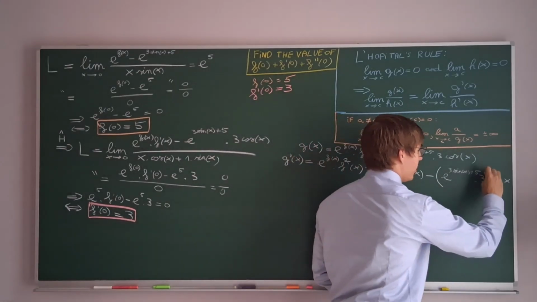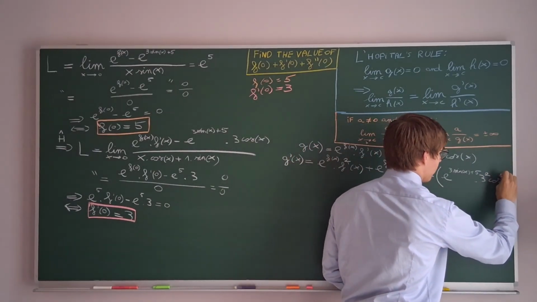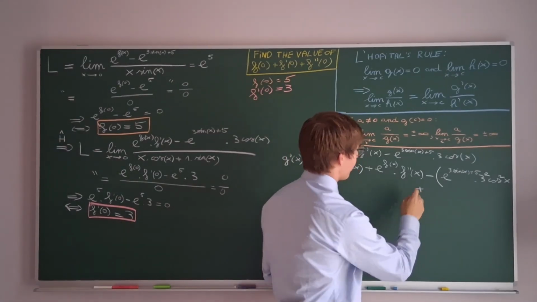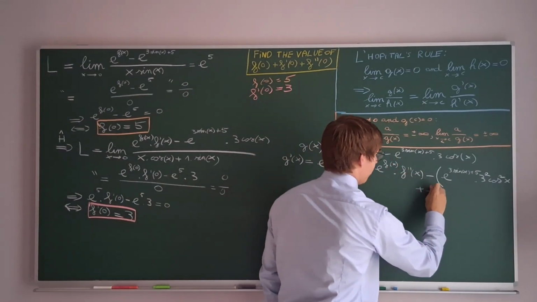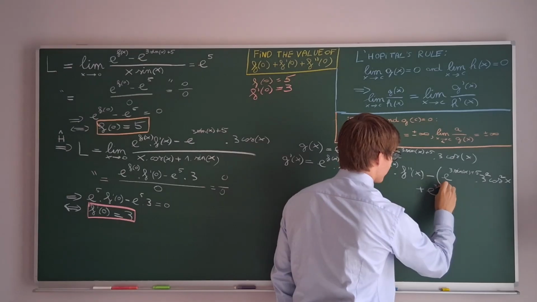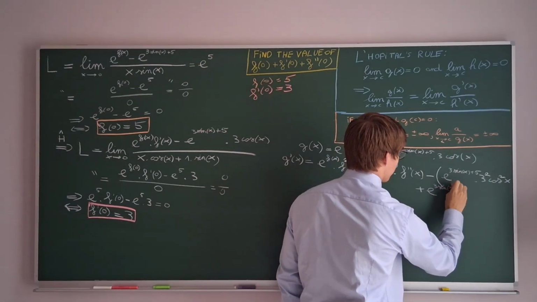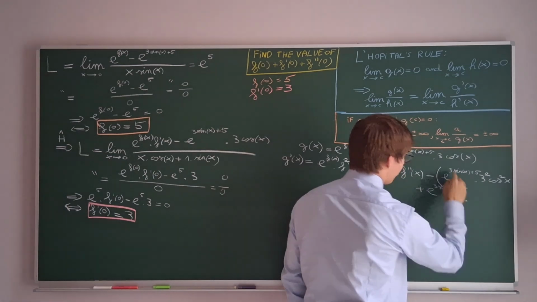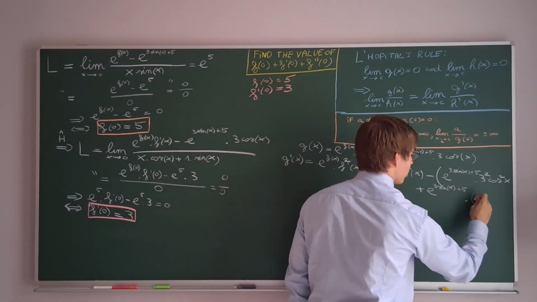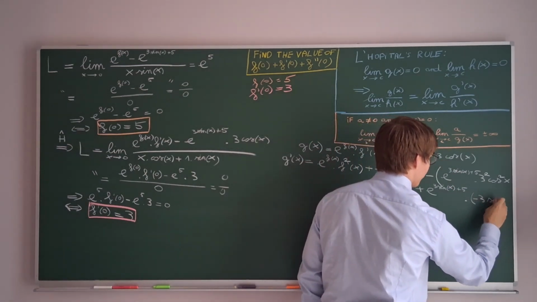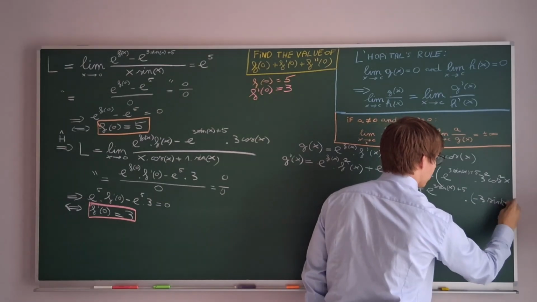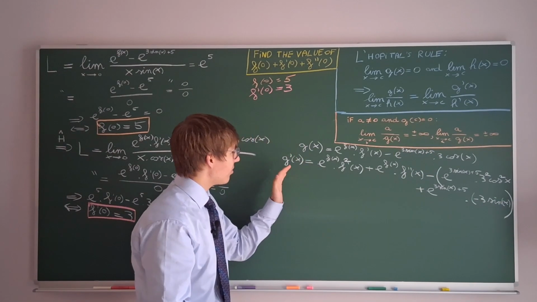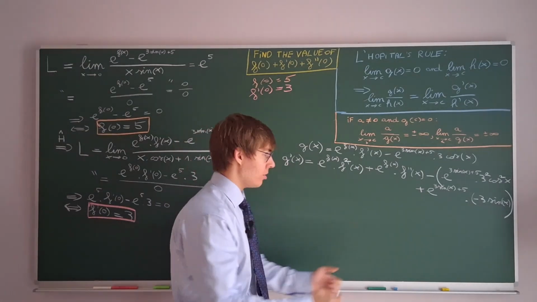So this becomes 3 squared cosine squared of x plus e to the 3 sine of x plus 5 times the derivative of 3 cosine of x, which is minus 3 sine of x. And let's already evaluate g prime of x at 0.